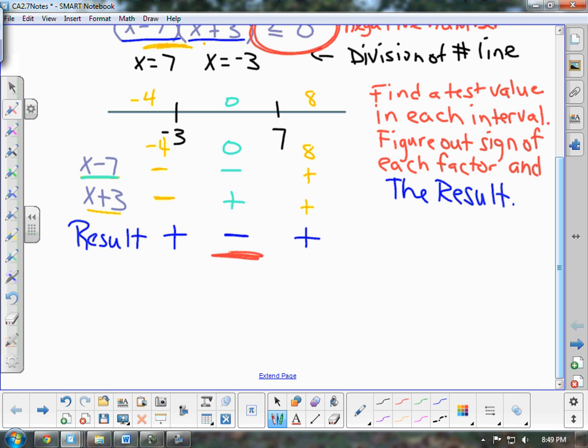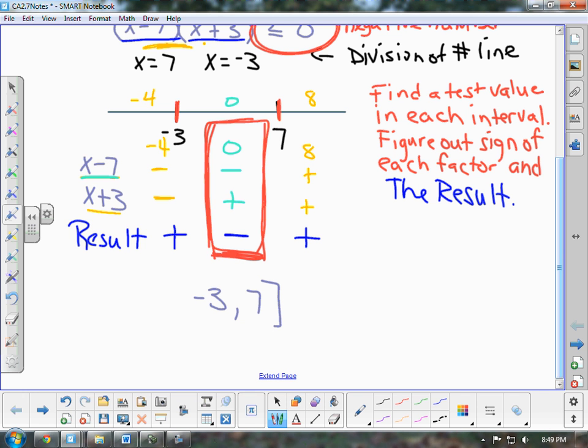That would be this one here. This is the test value that works, which means we would use the interval from negative 3 to positive 7. And now because it is less than or equal to, we would write our answer as negative 3 comma 7 with a bracket on each end.